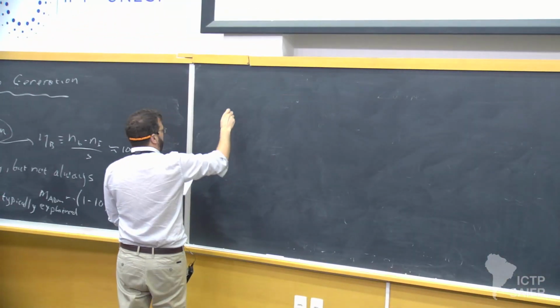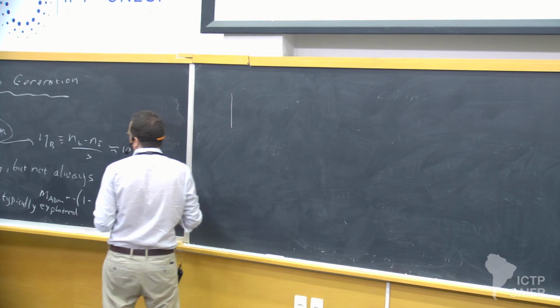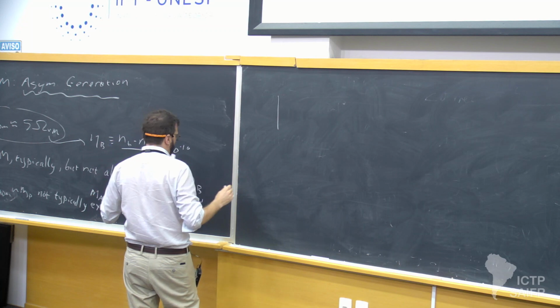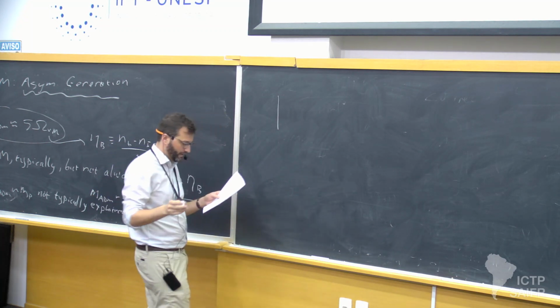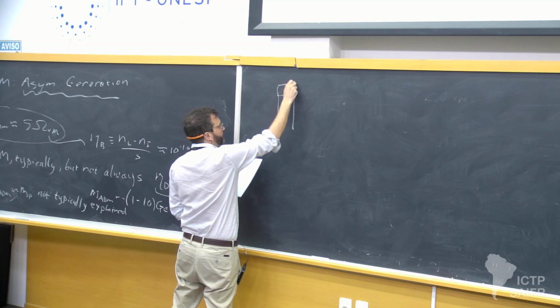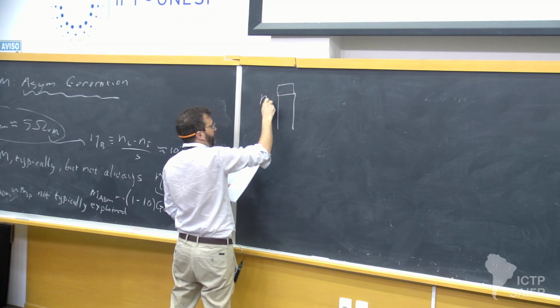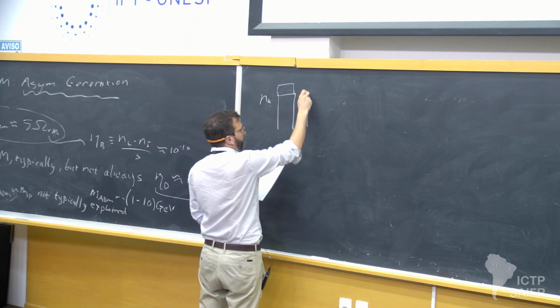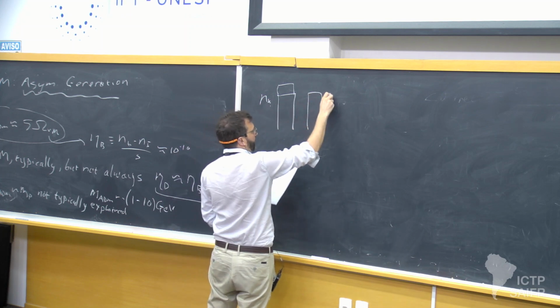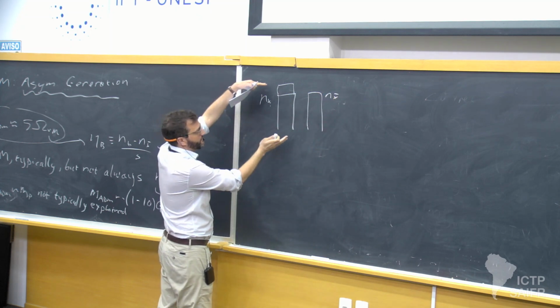So now our picture is that we start off with a symmetric number of dark matter particles and antiparticles, and we're going to generate our asymmetry. So if I draw here Nx, and here Nx bar, we're interested in generating this asymmetry.